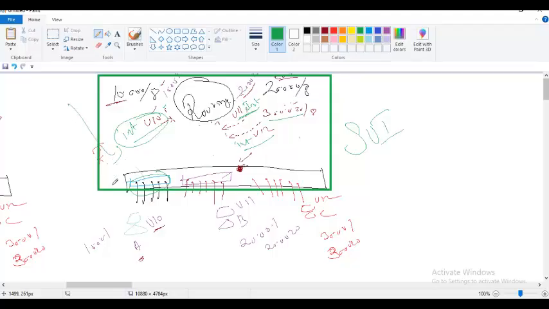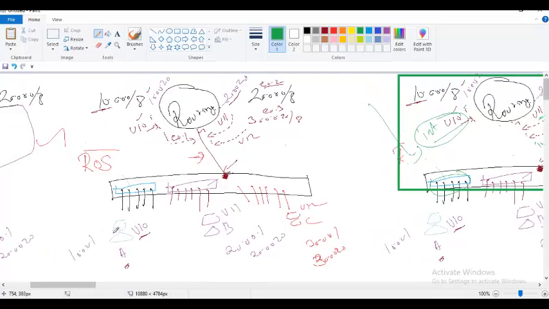Whereas here, switch processes, and then router processes, and then again switch processes, and then sends out. Here, that's not the case. Traffic enters, process, goes out.